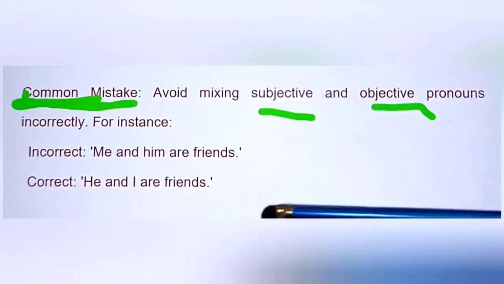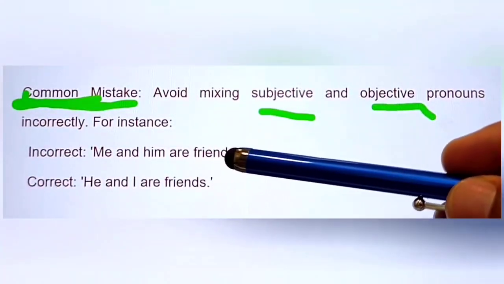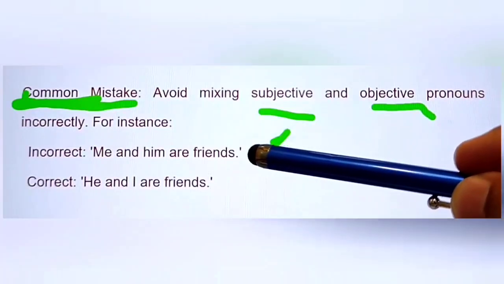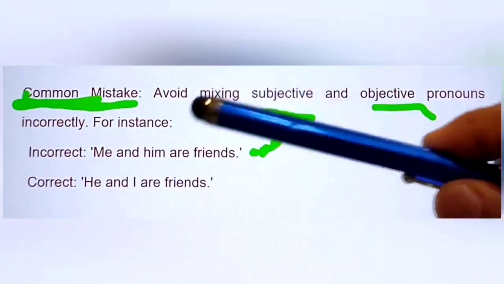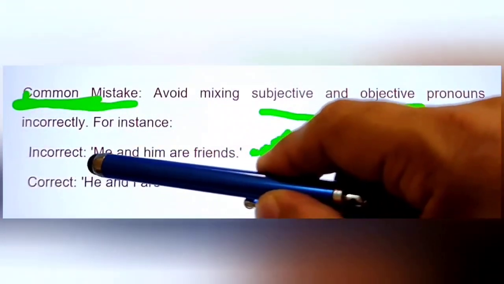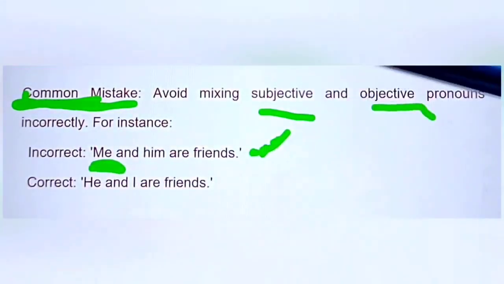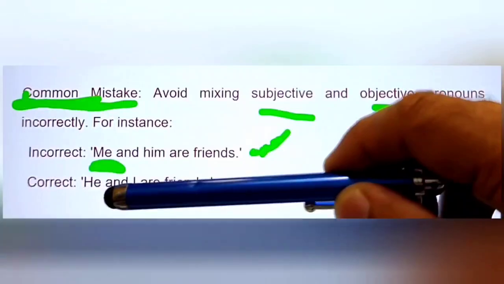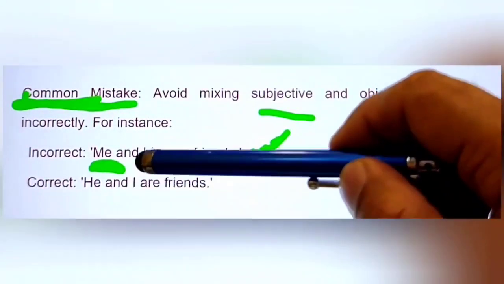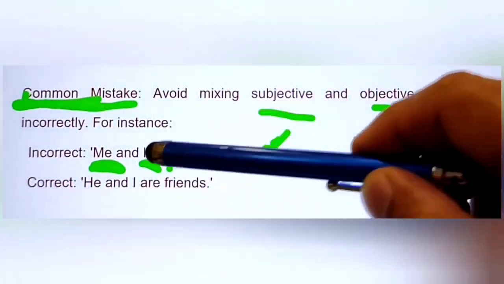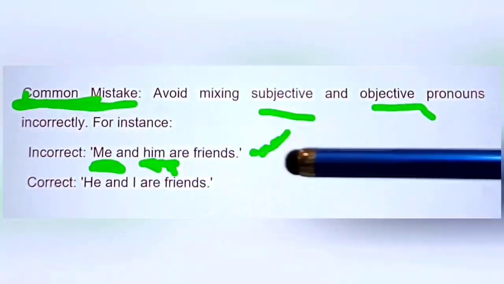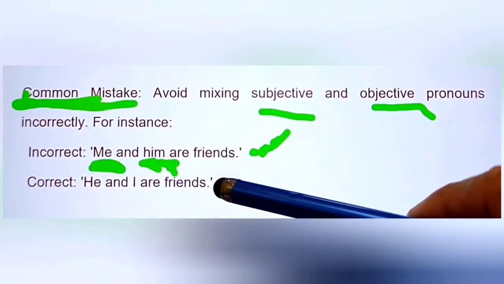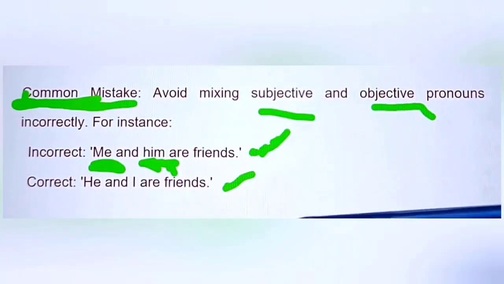For example, "Me and him are friends." This is an incorrect sentence because "me" is an objective pronoun and "him" is an objective pronoun. This makes the sentence incorrect, and the correct version is "He and I are friends."